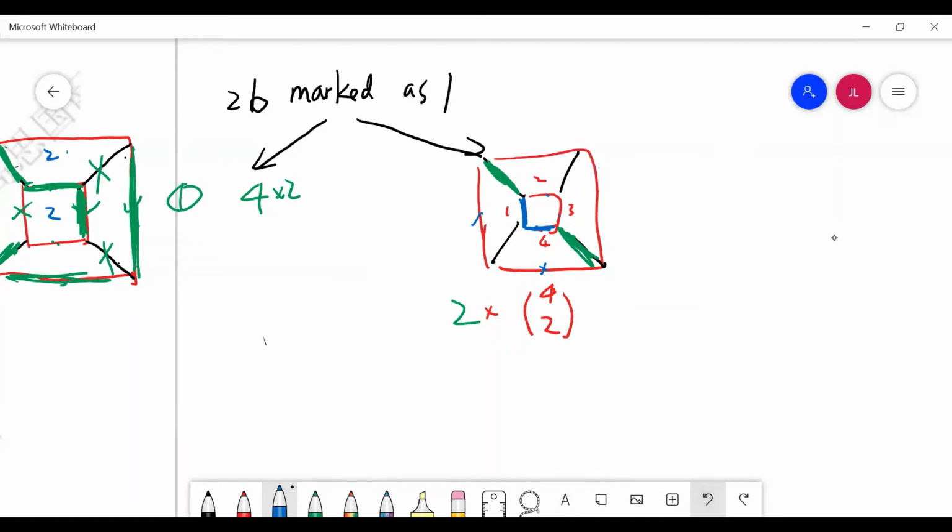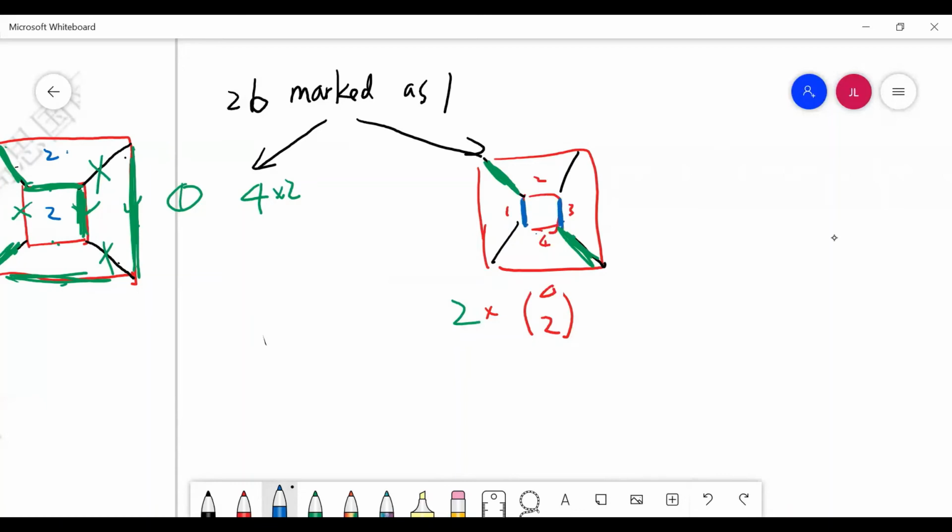For this case, and similarly, if you pick 2 and 3, that's similar by symmetry. Then what about if I pick 3 and 4, similar. If I do 2 and 3, that's good. The only one we haven't done is the opposite. What about if we pick 1 and 3?